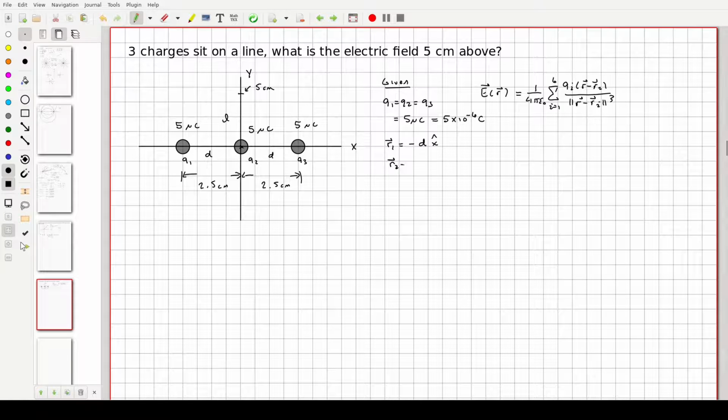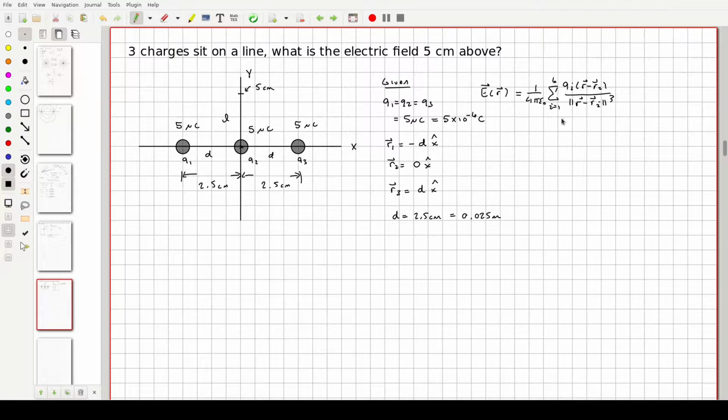R2, which is this one right here, is 0 x hat. And R3, which is this one right here, is D x hat. And D itself is 2.5 centimeters, or 0.025 meters. So there are the locations of our charges.